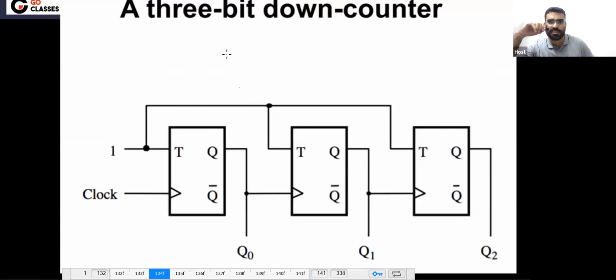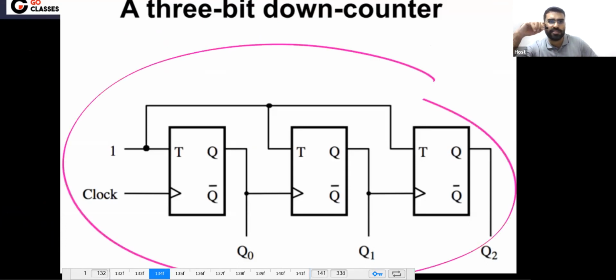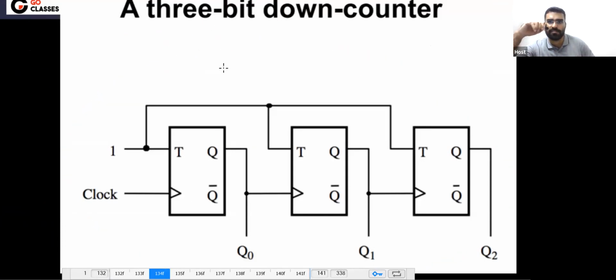Okay, let's just recap whatever we have seen. This is your 3-bit down counter. Look at this and tell me, is this correct? What do you want in a 3-bit down counter?